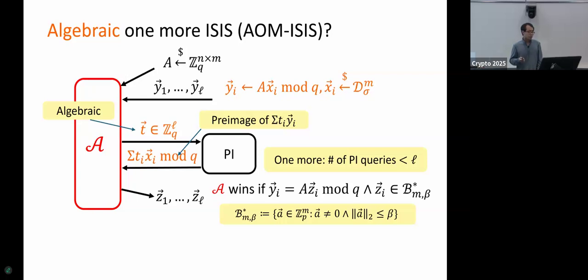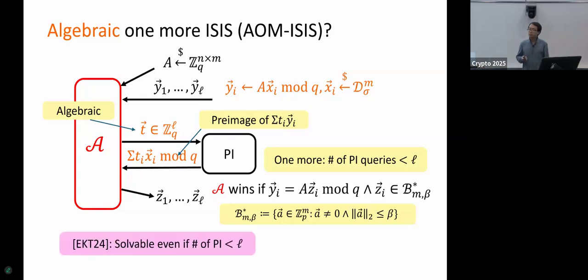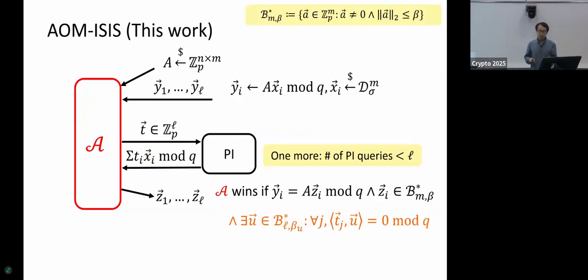However, prior work pointed out that even under this condition, the problem is still easy to solve. It means that we need to add an extra condition on these PI queries. In particular, in this work, the condition is as follows. We additionally require that there exists a short vector u such that it is orthogonal to all the PI queries, where t_j denotes the j-th PI query.